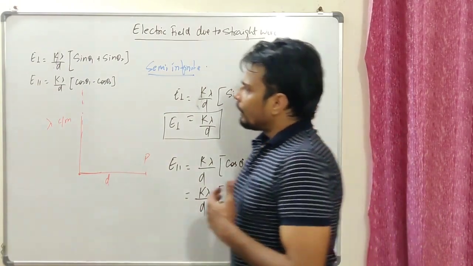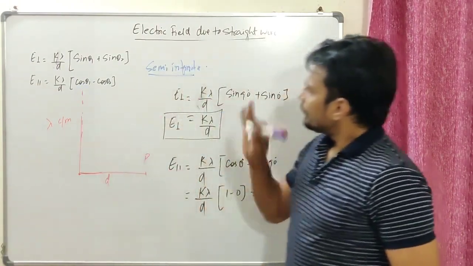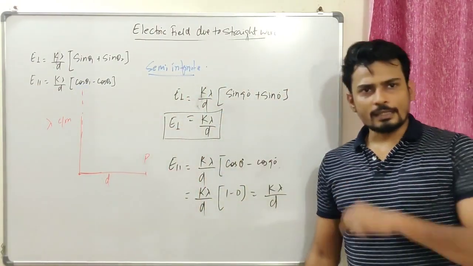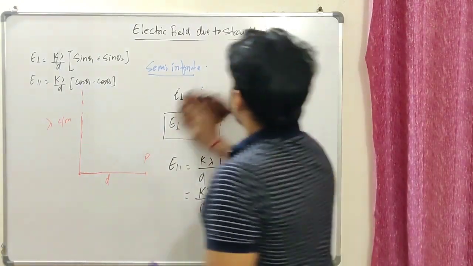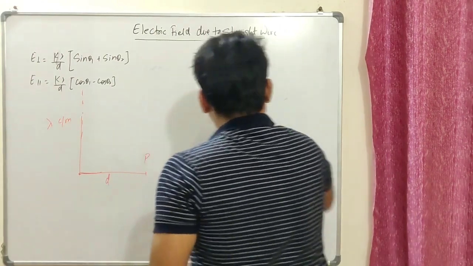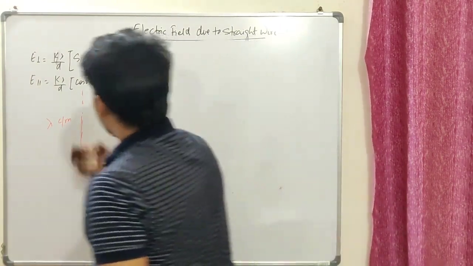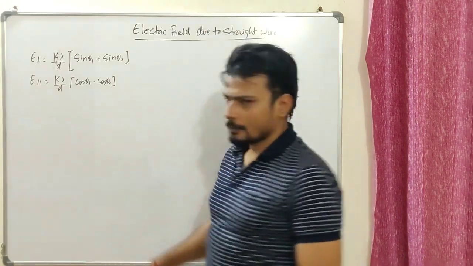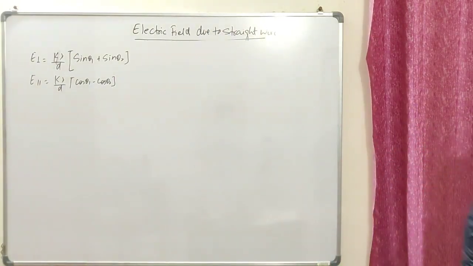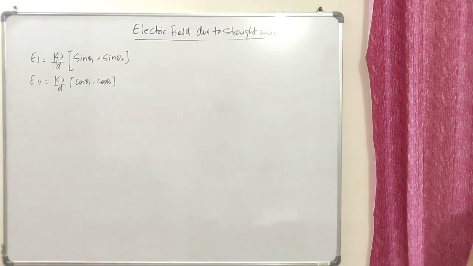Now let's try and make some more questions on this. Let's try and put a point at equidistance from a wire which is bent in an L shape.